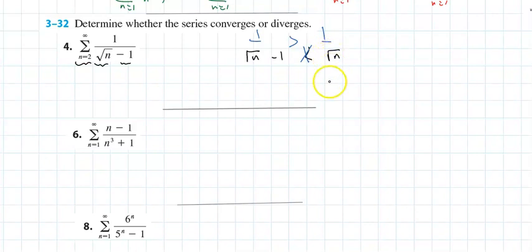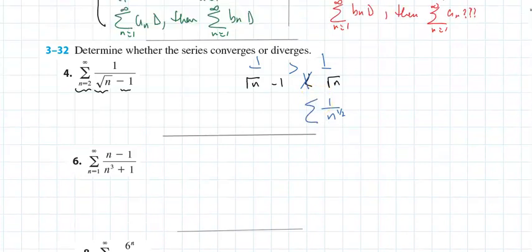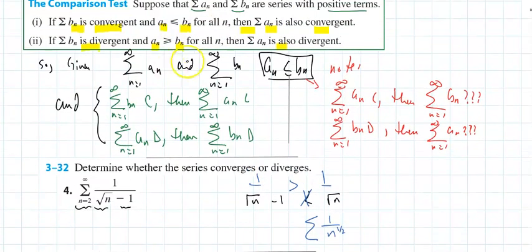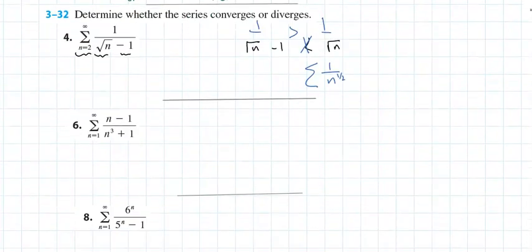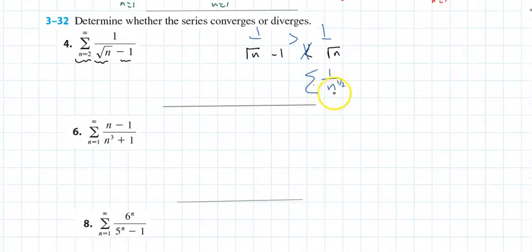Now, if I look at this, this is 1 over n to the 1/2. That sequence converges. Series, you guys, if you look, it says if you compare the series, you show the sequence is bigger or smaller, but the conclusion is on the series, not the sequence. So you must put that series there. Well, guess what? p equals 1/2, less than 1.